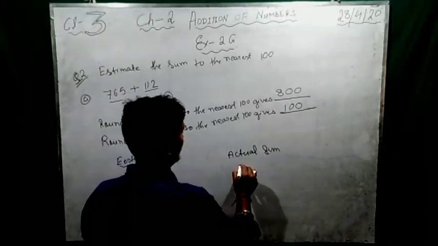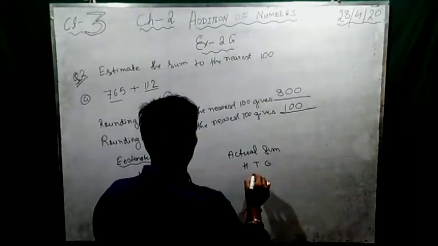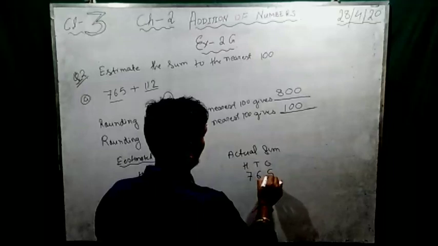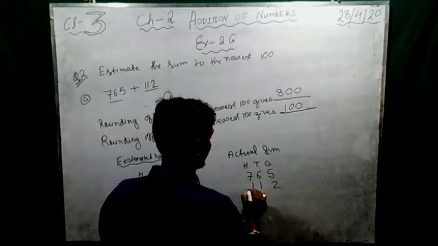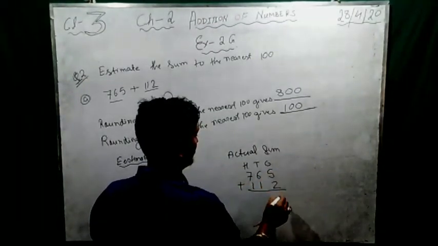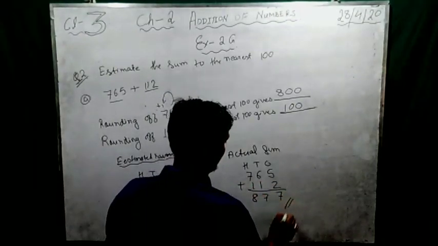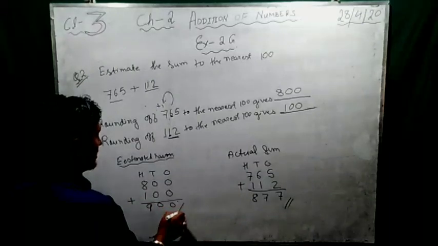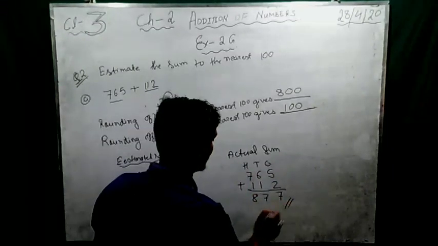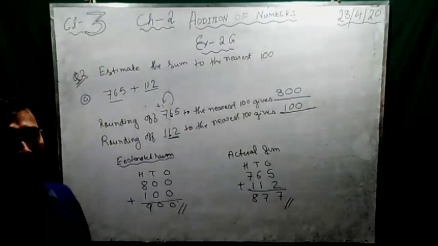And your actual is 765 plus 112. Done. 5 plus 2, 7, 7, 8, so 877. So your estimated sum is 900 and the actual sum is 877.